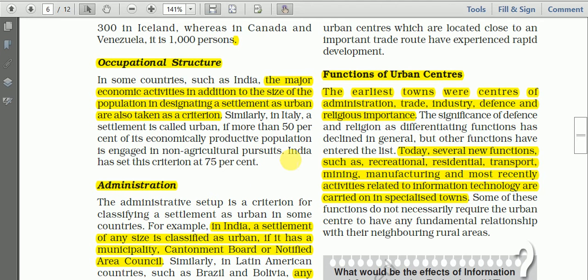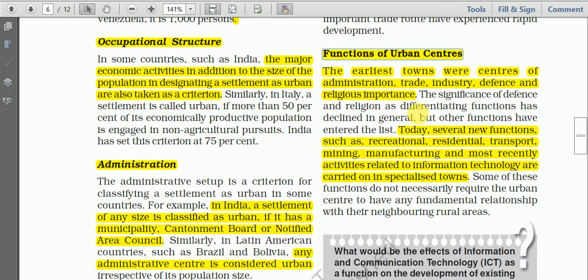And next we have the functions of urban centers. What are the different functions of these urban centers? Now let us see. The earliest towns were centers of administration, trade, industry, defense, and religious importance.